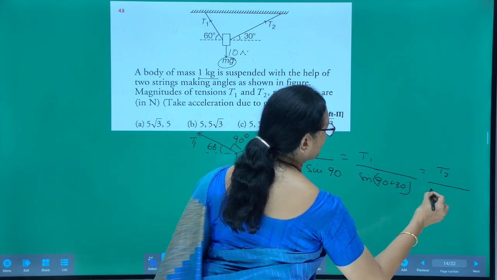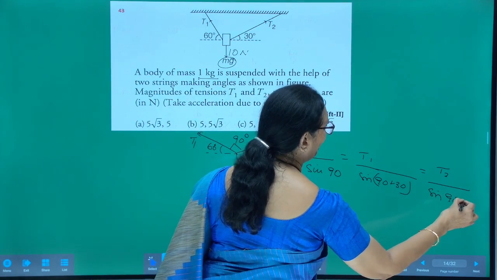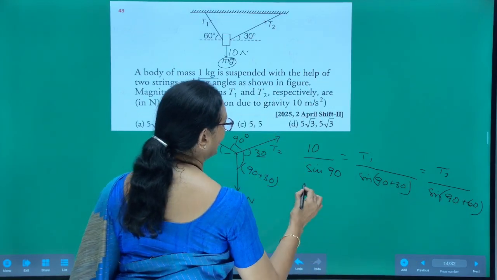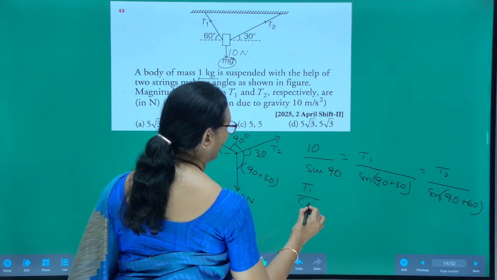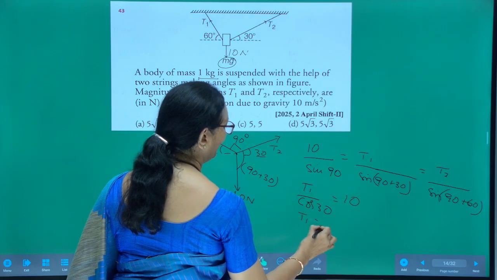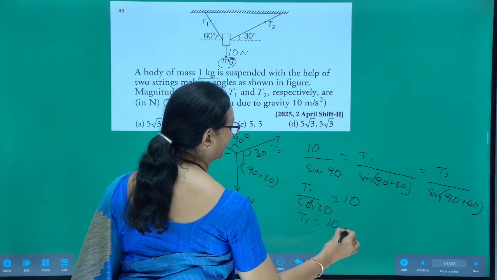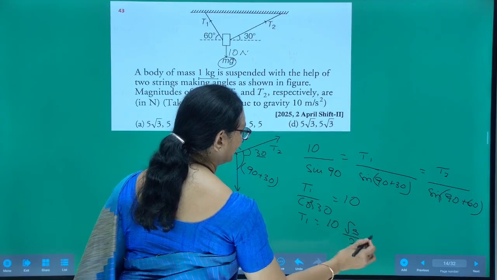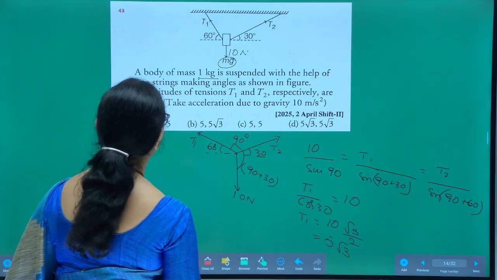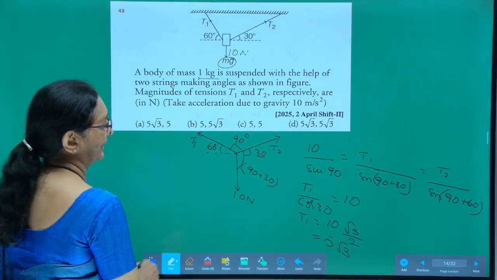Sine of 90 plus 60. So first let us try to find out T1. T1 by cos 30 is equal to 10. T1 is 10 into cos 30. Cos 30 is root 3 by 2. It is 5 root 3. So T1 is 5 root 3.